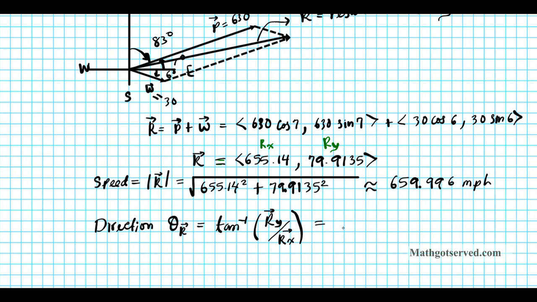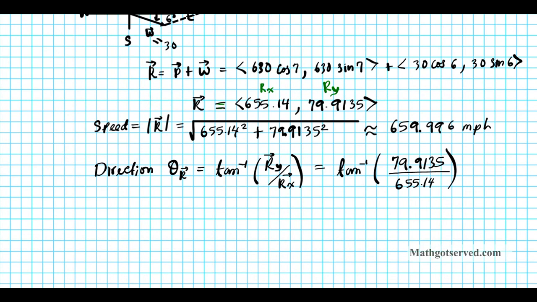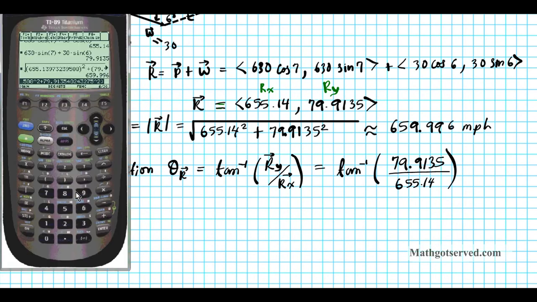Okay, so to get the direction of the vector, we're going to compute the inverse tan of 79.9135 divided by 655.14. Let's put that in our calculators and see what the direction of the vector is. So we're going to have the inverse tangent. Let's clear that first. The inverse tangent of, I'm going to pull my answers, 79.9135 divided by the other answer we got.